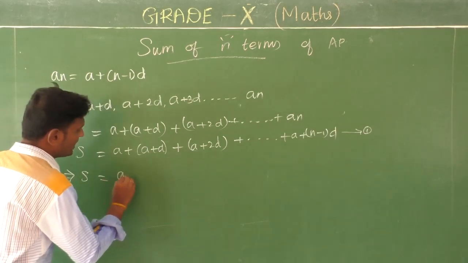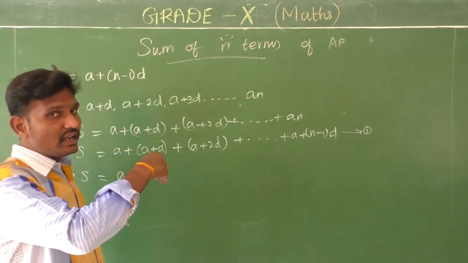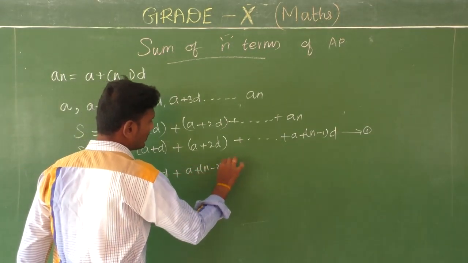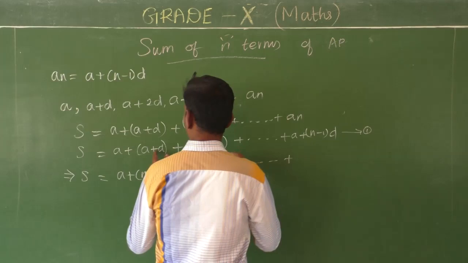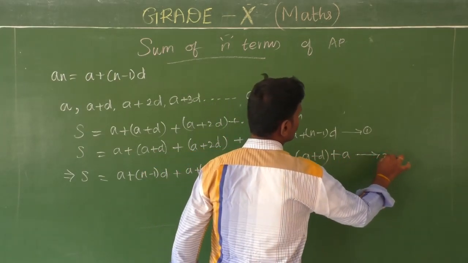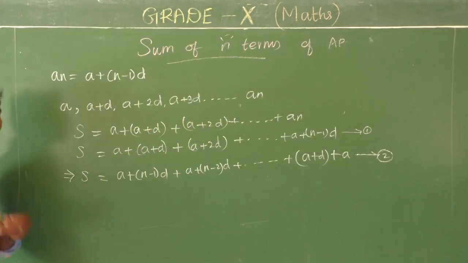I am writing A plus n minus 1 into D, and the term previous to the last term is A plus n minus 2 into D, and so on, and the last term is A plus D plus A. Here also you should consider this as equation number 2.